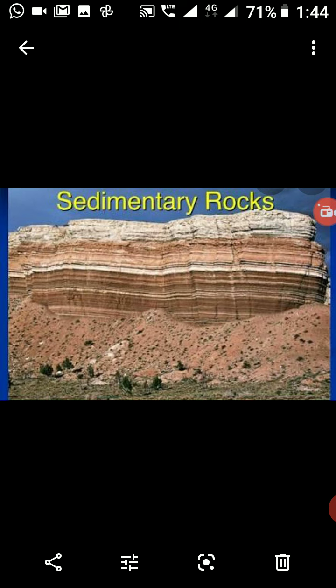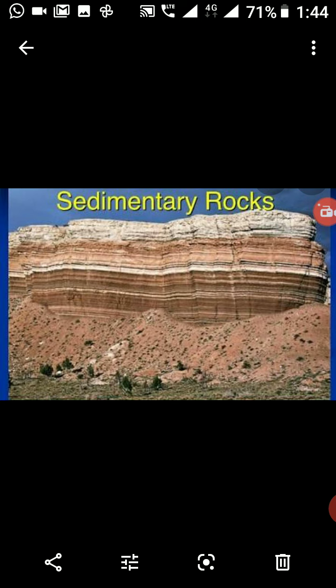These are formed by mechanical action of the denuding agents like wind, water, and ice. Example, breccia.